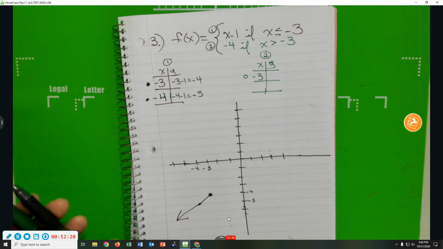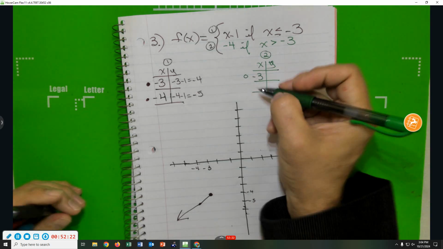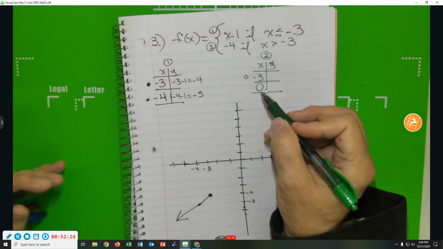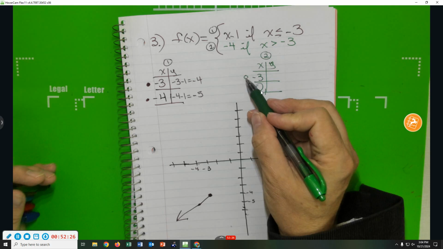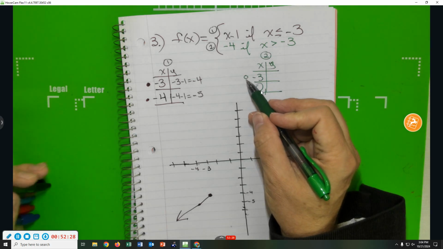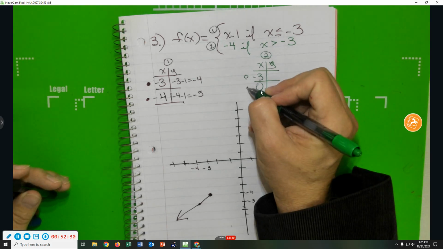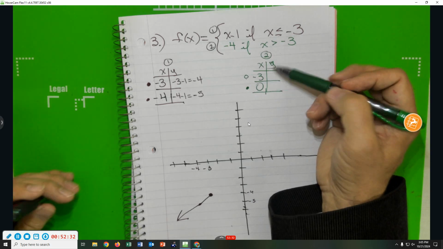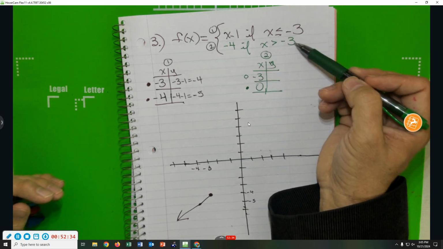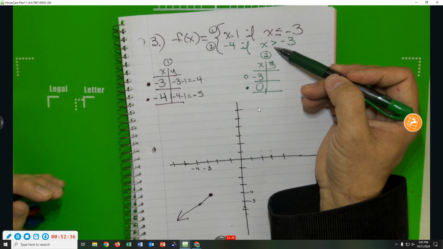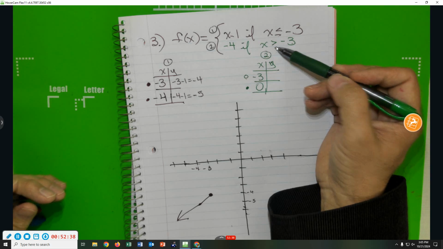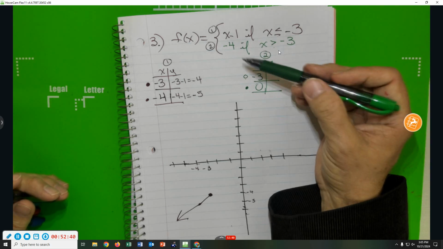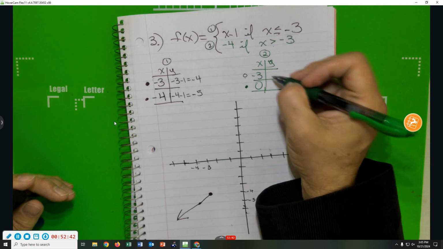So I'll use 0. Now, is this secondary point going to be an open circle also? It's going to be a regular closed dot. You can only have an open circle if you're plugging in a cut point for which there's no equality. Well, if x is negative 3 on the green piece, what's y?